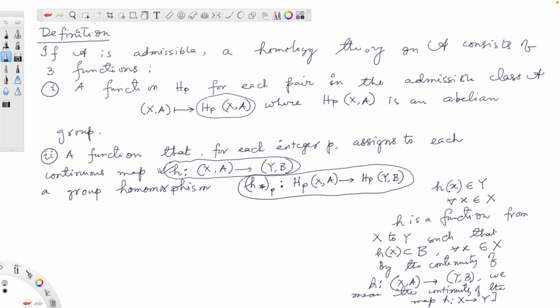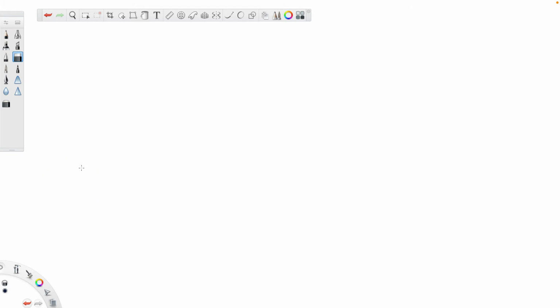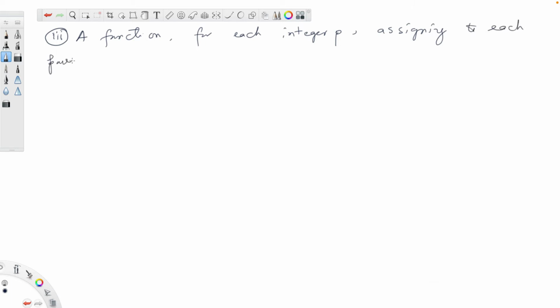All right. So now there is a group homomorphism, a function for each integer p assigning to each pair x comma a in the object of the category that we are considering.